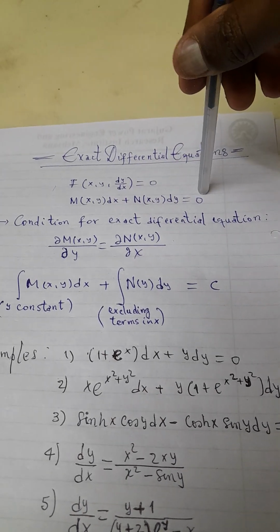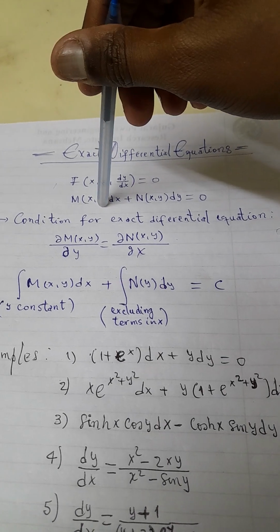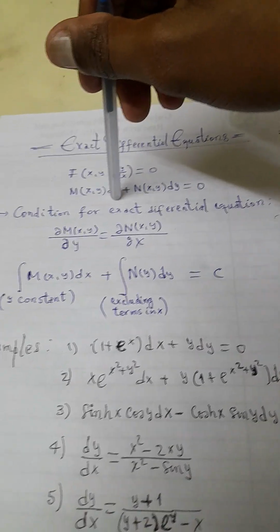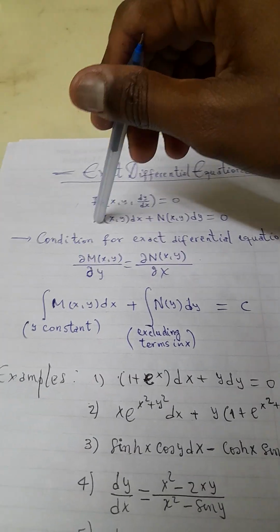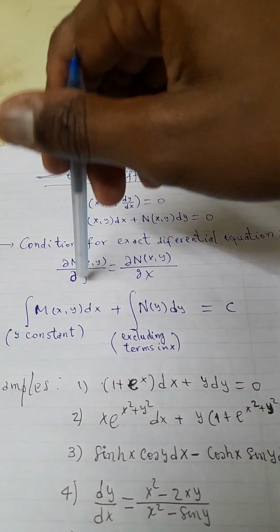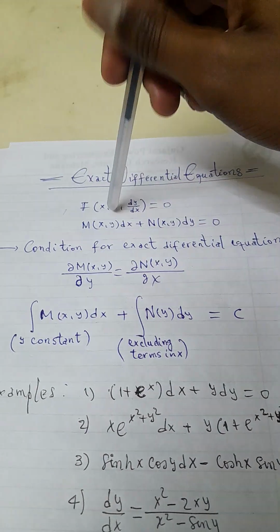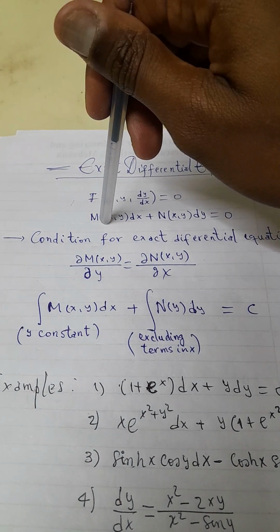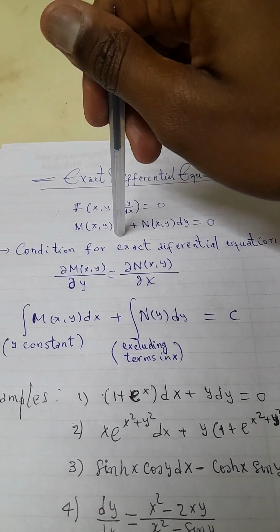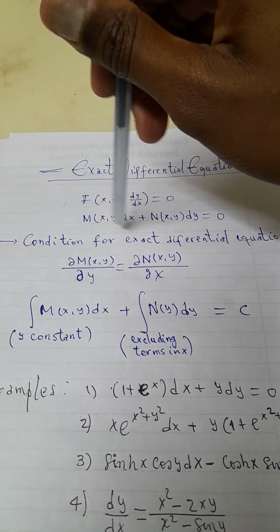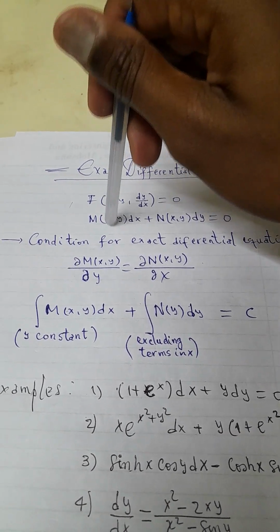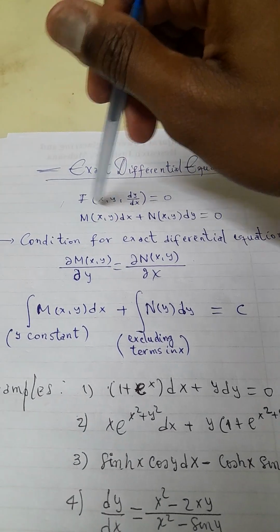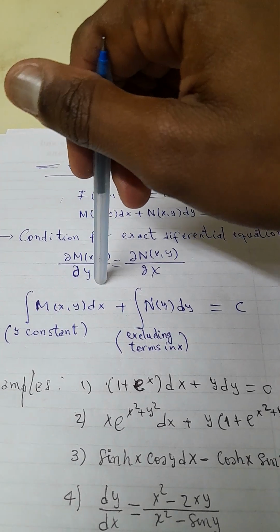The first thing we have to do is find the partial derivative of M of x, y, the function that is multiplying dx, with respect to y.